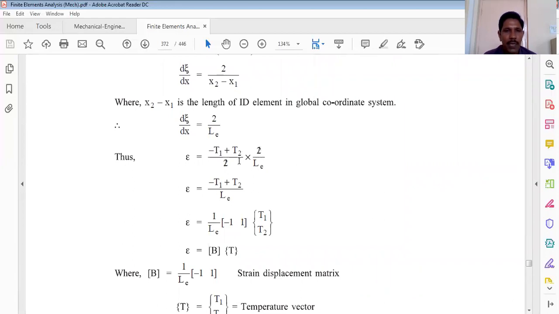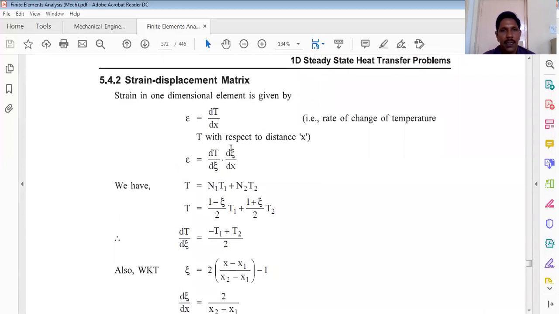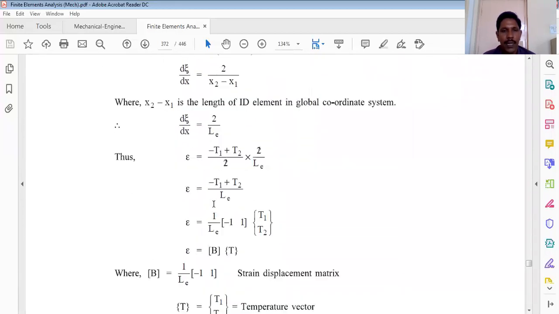So epsilon, when you substitute dT by d zeta and d zeta by dx in this equation, we'll get it as 1 by LE times (minus T1 plus T2), when you cancel this 2 from the numerator and denominator. So epsilon will be equal to 1 by length of element into minus 1 plus 1, multiplied with the temperature vector, which is T1, T2.